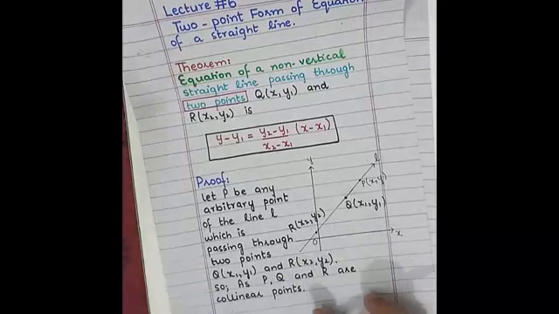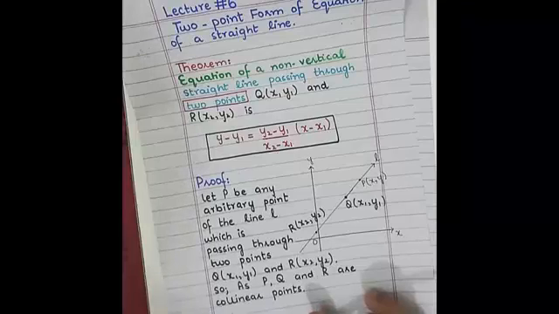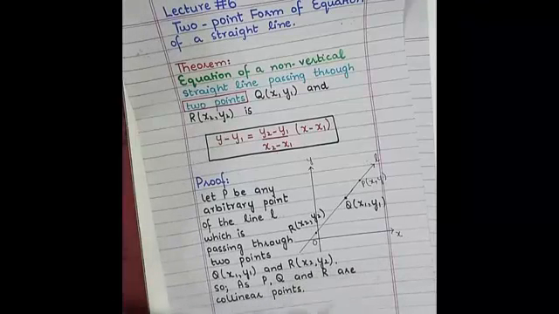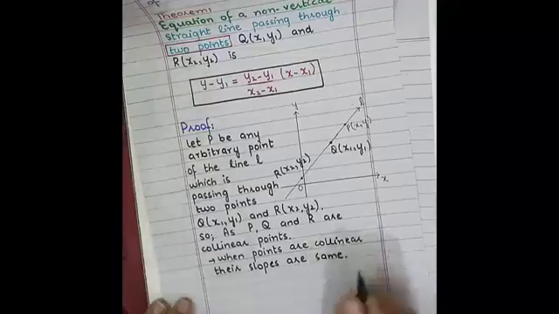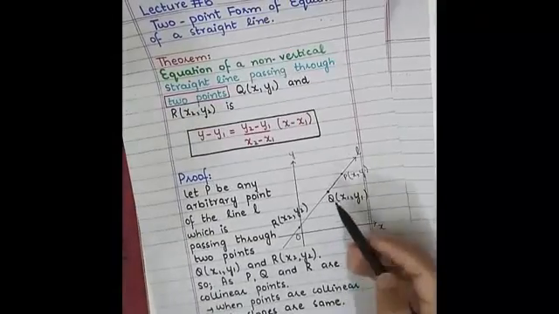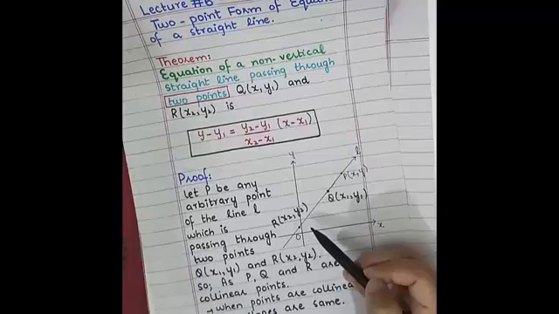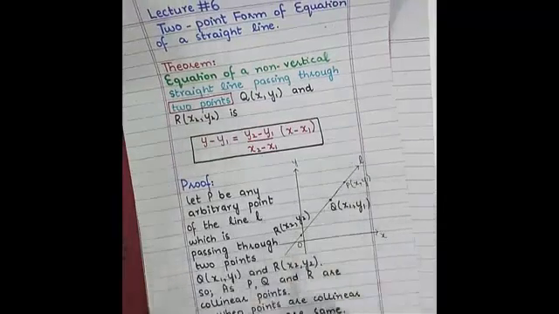So when points are collinear, their slopes are the same. Must remember this point. It means the slopes of QP, RP, and QR will all be the same.